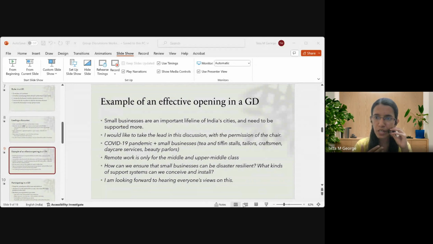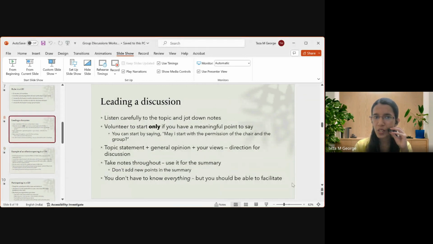So the leader first needs to make a statement, right? And what does the leader's statement involve? Look at this. You make a topic statement, that is, you state what the topic is. You give the general opinion on it. You state your views on it, either as questions or as statements. And then you invite opinions from the rest of your team.